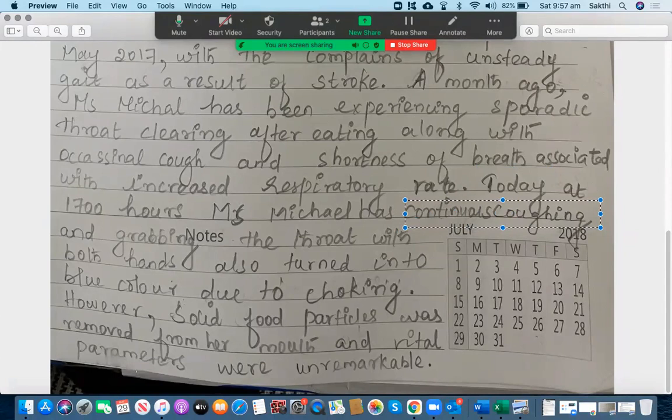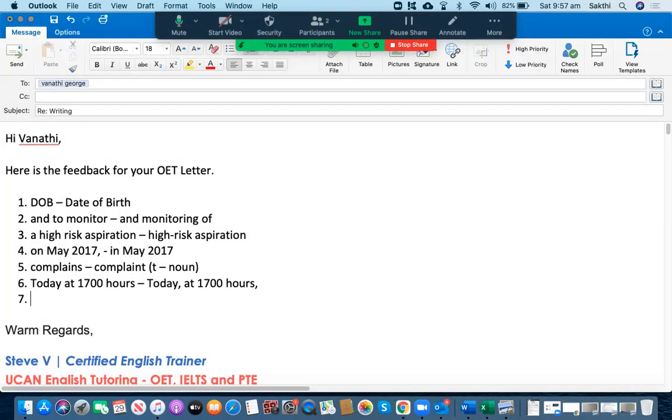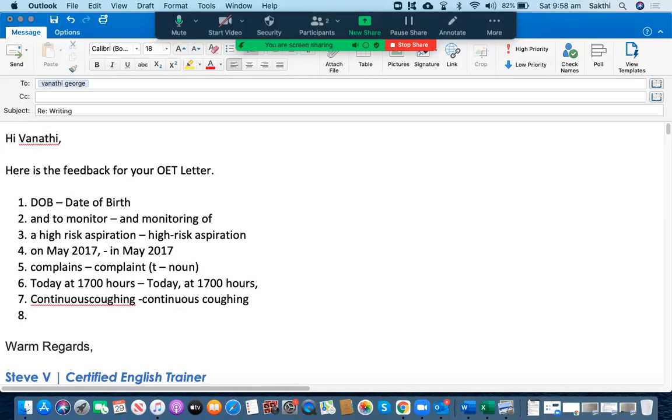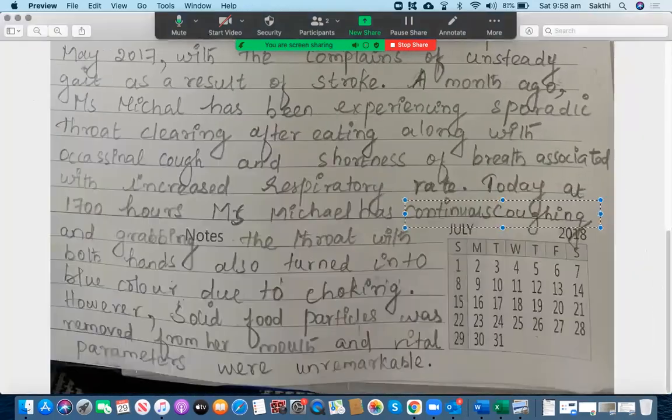It seems to me a single word. It's not good. You should have given a space. See this one, there's not much space between s and c. So continuous coughing. I mean the spelling is correct, but you should have separated them. Okay, continuous and then coughing. It didn't look like two words. Unfortunately. All right, let's go to the next one.